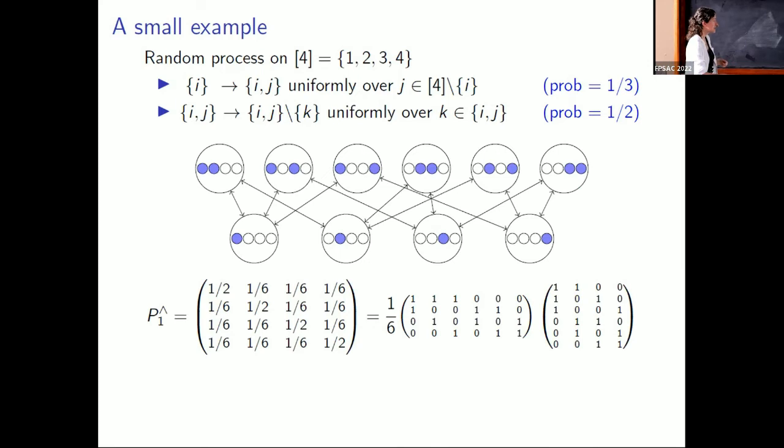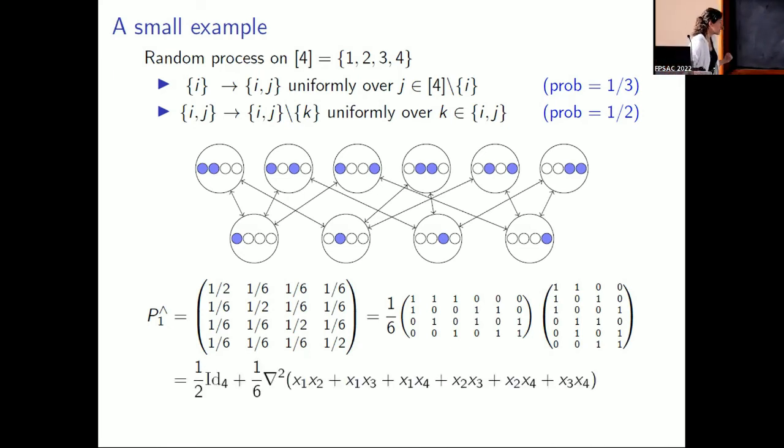And I have a 1/6 chance of adding something and removing the other thing. I want to point out 2 nice things about this matrix. One nice thing is that, in fact, it's positive semi-definite, because you're composing a matrix and its transpose. You're taking 2 steps in a random walk on a bipartite graph. So you can write this as a matrix times its transpose, so it's positive semi-definite. All of its eigenvalues are non-negative.